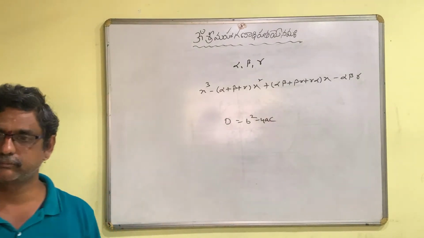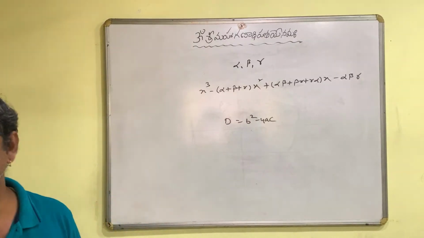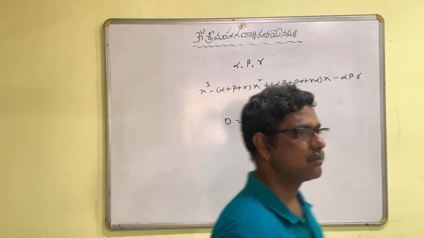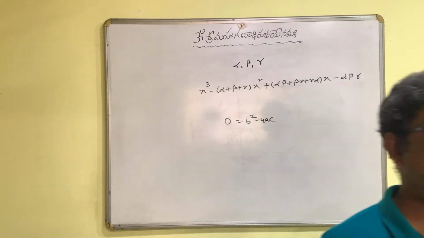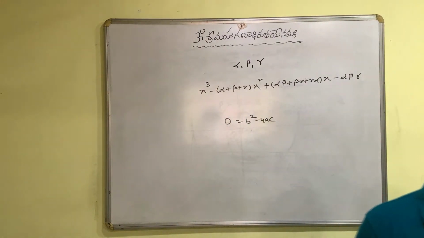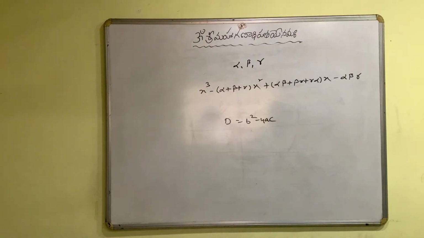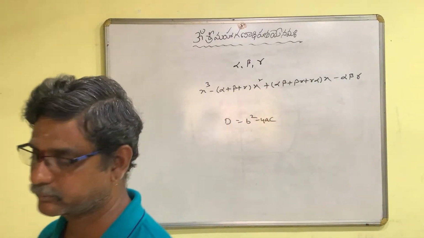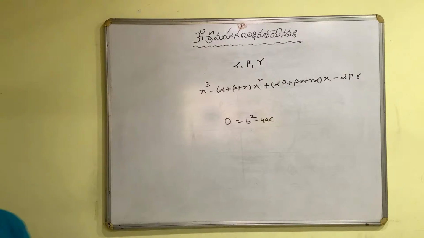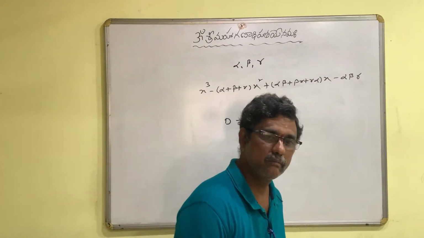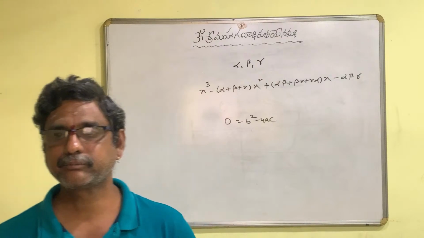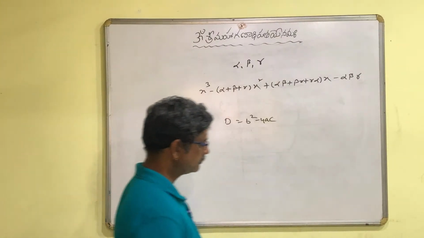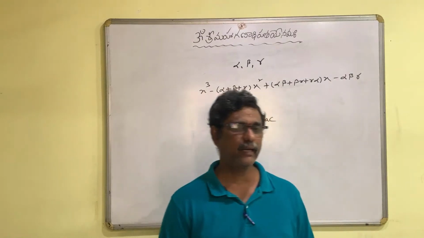Note down. x cube minus (alpha plus beta plus gamma) into x square plus (alpha beta plus beta gamma plus gamma alpha) times x minus alpha beta gamma. Extra information. Any other doubts, children?